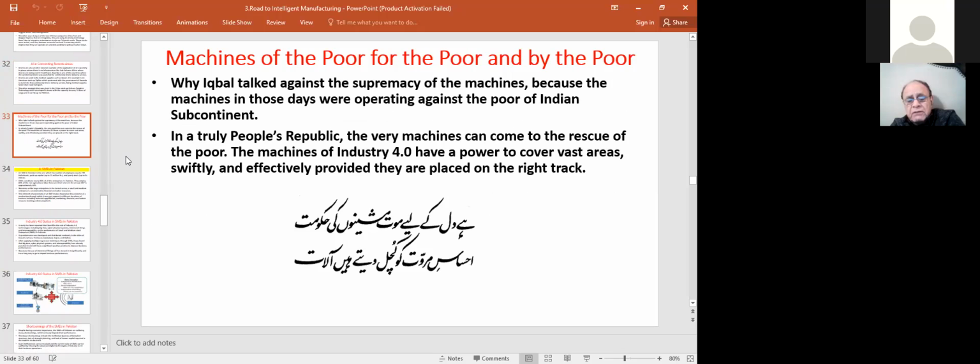Why was Iqbal against machines? Iqbal was against machines because machines were working against the people of the subcontinent of India in those days.